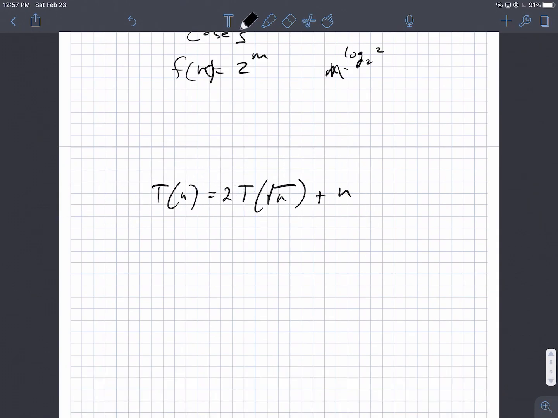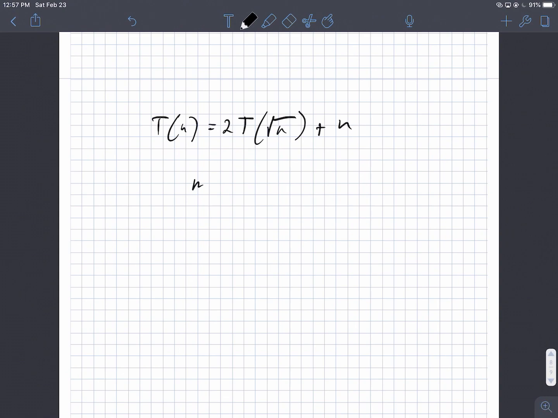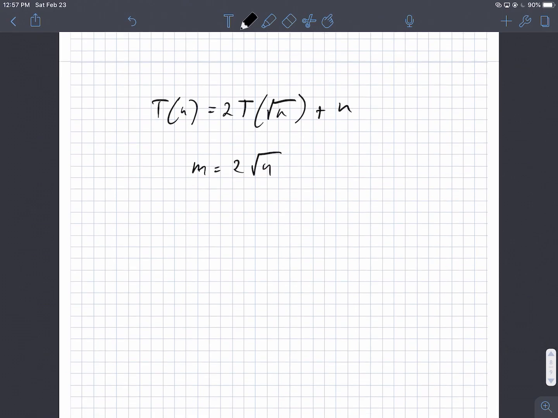So you're saying doing something like this, m equals 2 square root of n. Yeah. And then what that would do here is it would turn our recurrence into t of m over 2, right? And then what would that turn this into? m squared over 4. Yeah. But here's the problem, it would turn the left side into that too. Yeah, you're right.